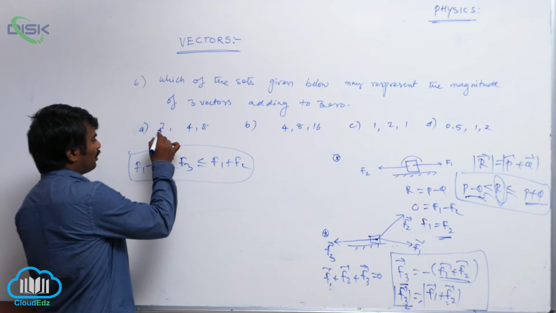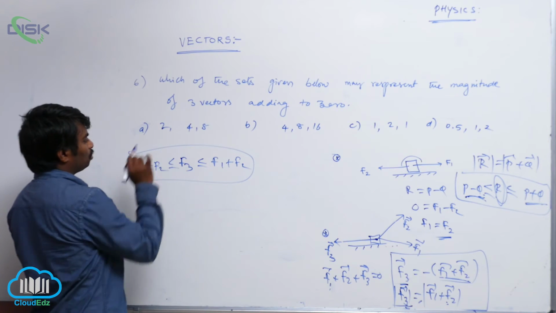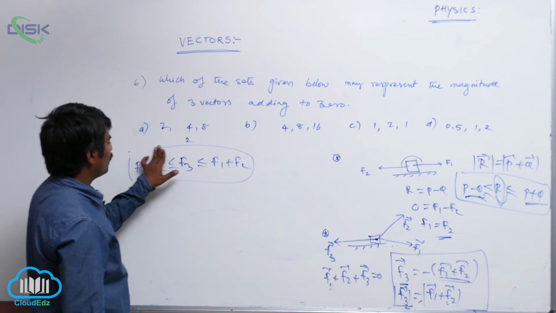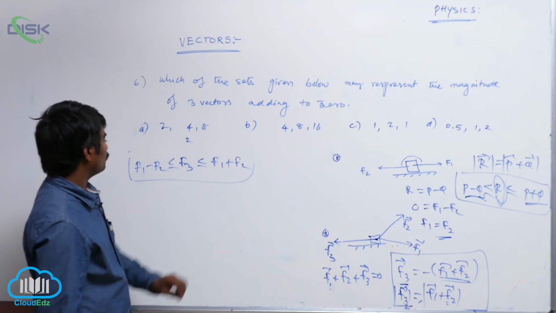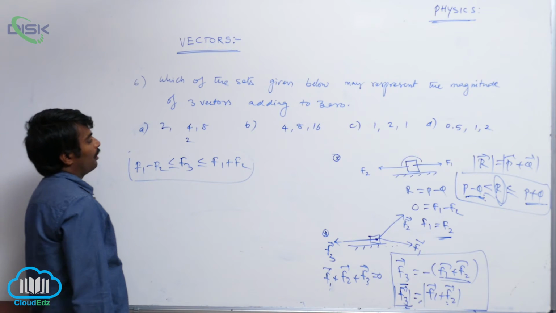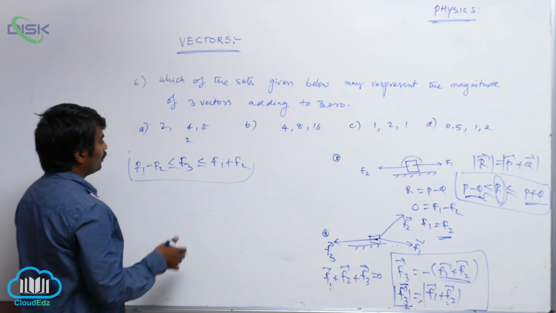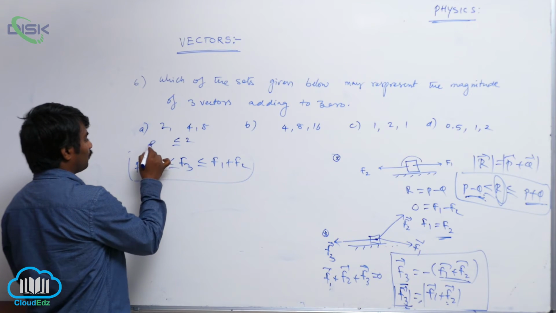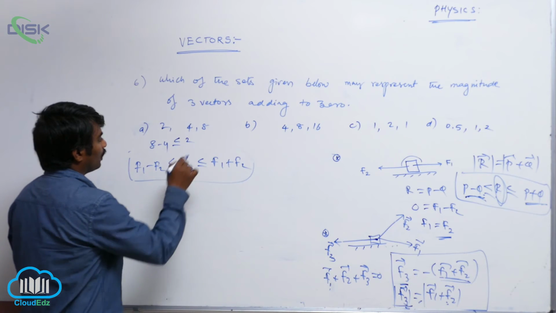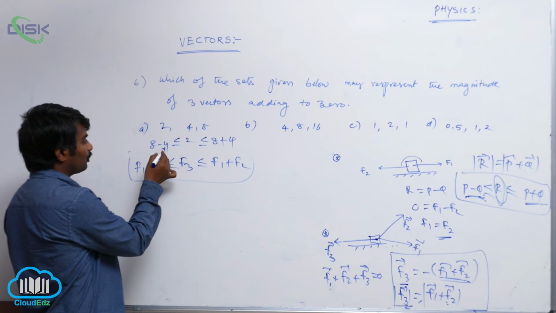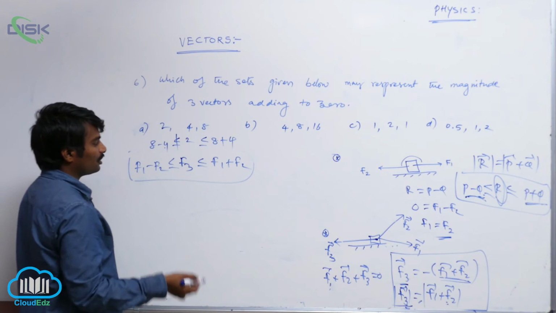Let me take 2 as F3, either one we can take as F3, that is 2, and remaining 4 and 8. So 8 minus 4, and this is 8 plus 4. 8 minus 4 is 4, so it is not less than 2, so this condition is not satisfied.